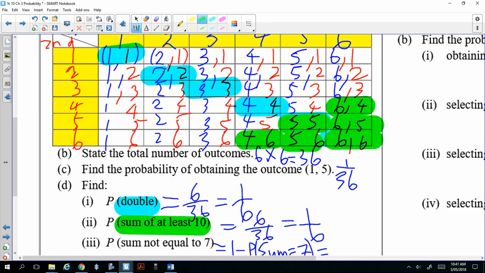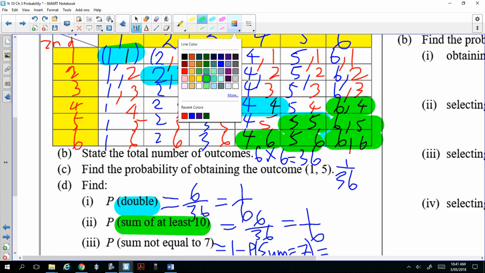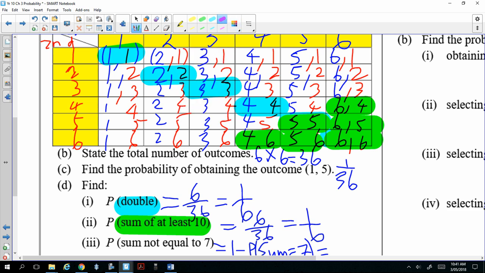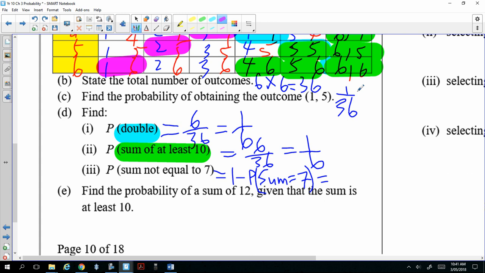Okay, let's use purple. Okay, this one, right? These are all 7s, but remember you have to subtract. So how many are there? 1, 2, 3, 4, 5, 6. So it will be 1 minus 6 out of 36. And if you simplify, you get 5 out of 6. Okay? All right, question.